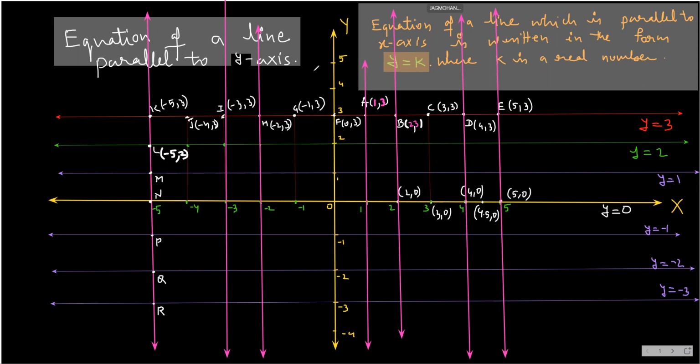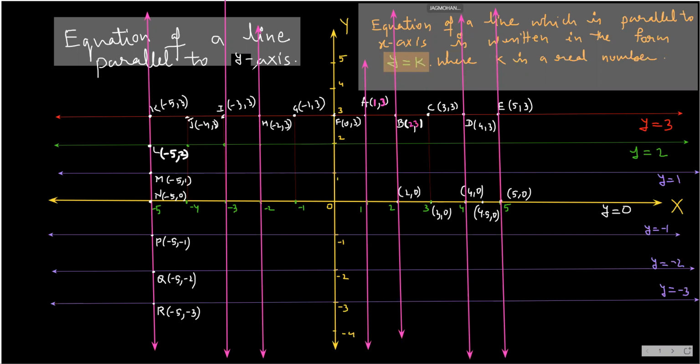Then here I have -5, 1. Then for N, -5, 0. Then here -5, -1, -5, -2, -5, -3. So I can take thousands of points on this line. They all will have same x coordinate -5.